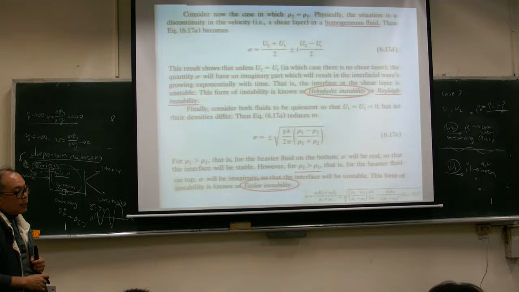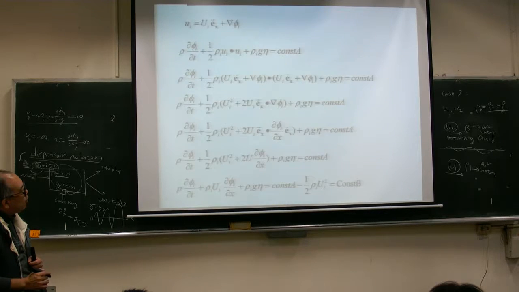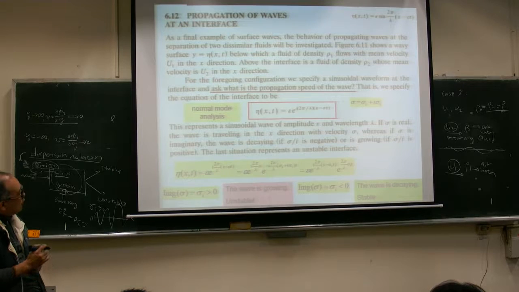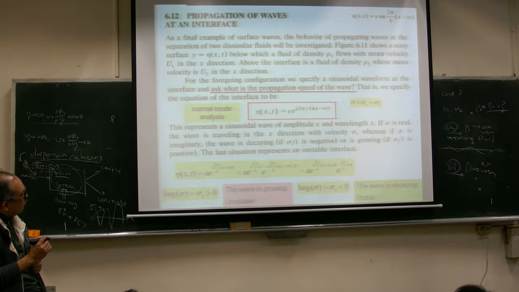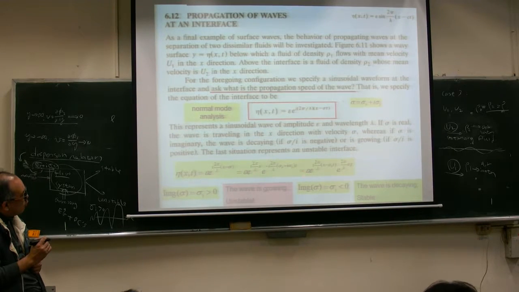That means what? When sigma is greater than 0, according to our normal mode analysis at the beginning, sigma i greater than 0, the wave will be growing exponentially, right? This is time. So our amplitude, initially at time equal to 0, is epsilon.